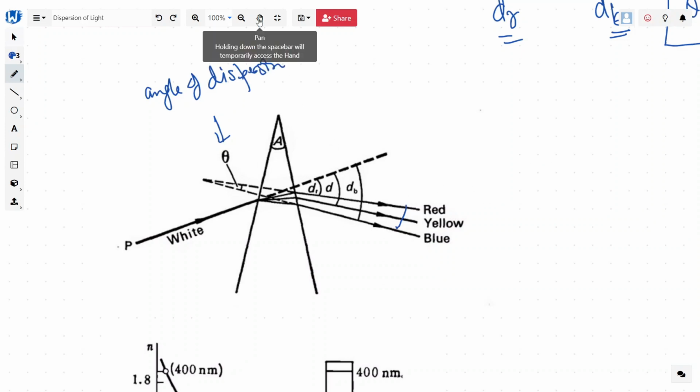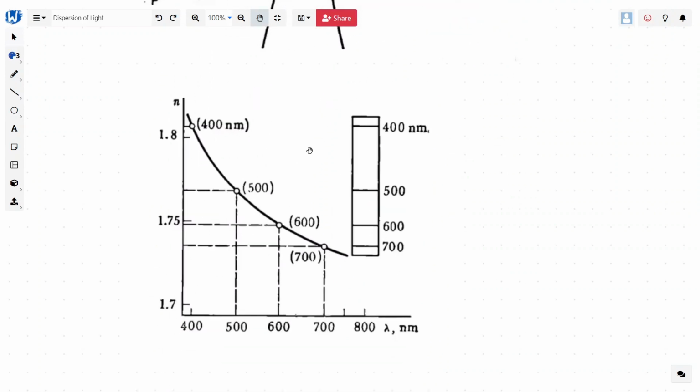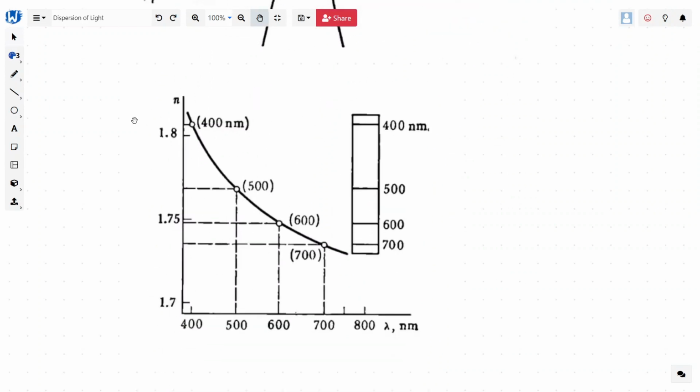Now if we plot lambda with the refractive index, right? On this side we have the refractive index, this side is the wavelength. What we get is a decreasing graph, right?